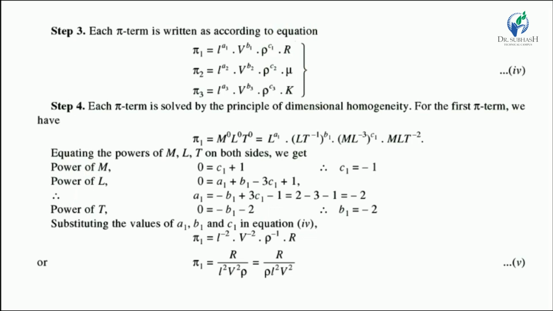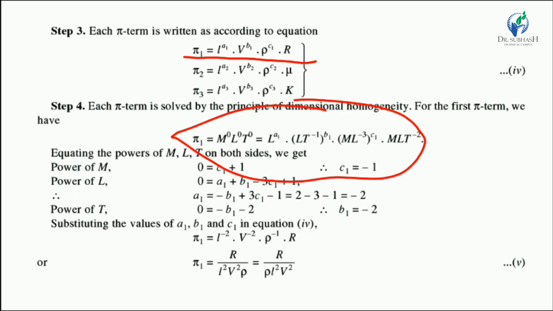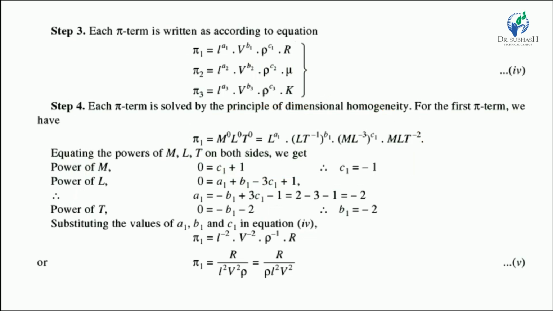First of all, we take the first pi term and write it in the MLT form of all variables. The pi term is a dimensionless number, so it does not have MLT. So M, L and T are 0.